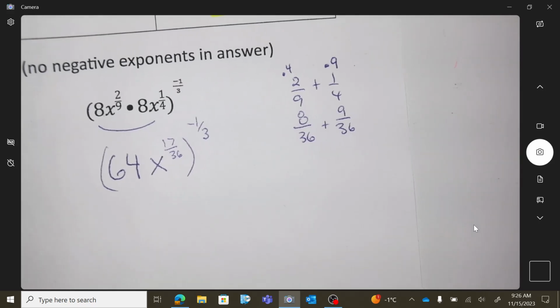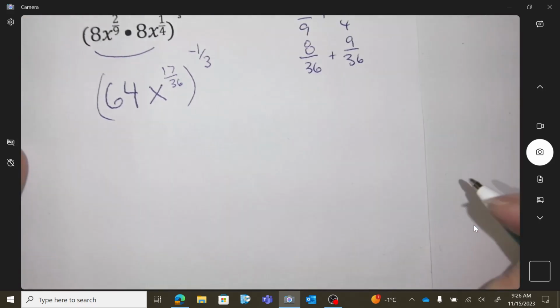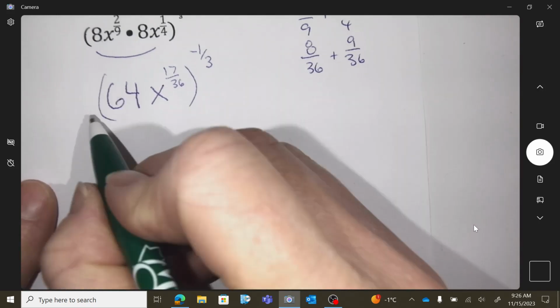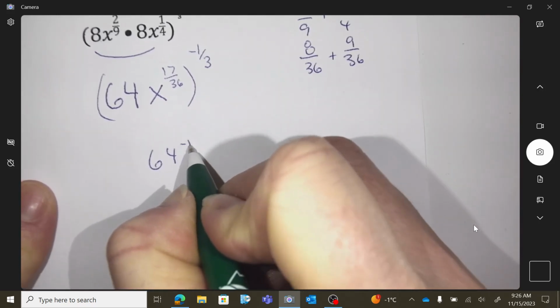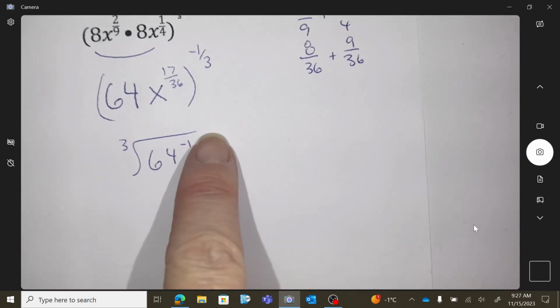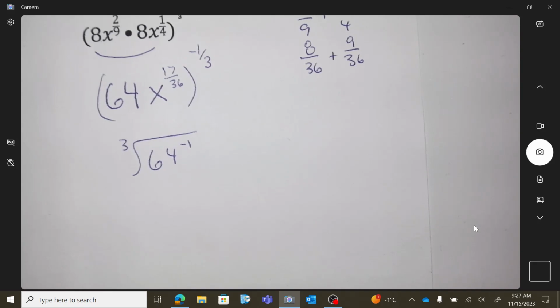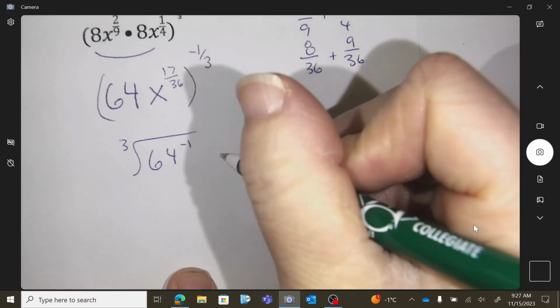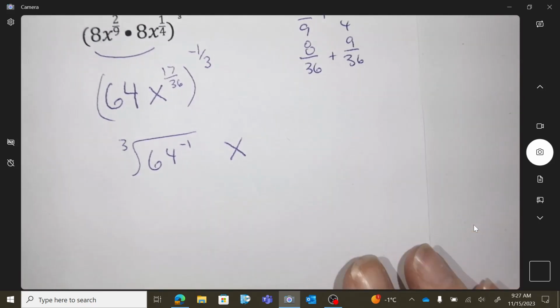Okay, so now I'm going to talk about this coefficient. So this is going to have to happen to my coefficient, right? Negative 1/3. That's what that means. The cubic root of. So you can kind of see me separating my ideas. My coefficient is the math.